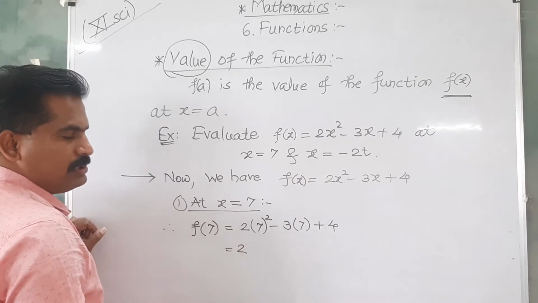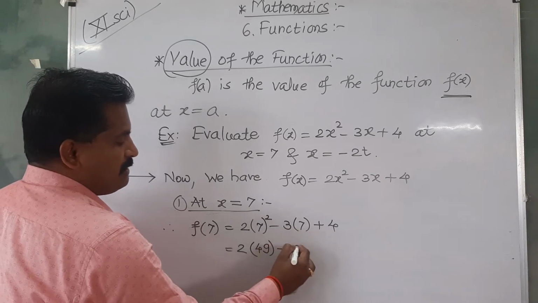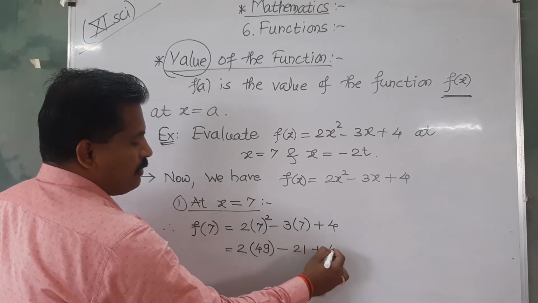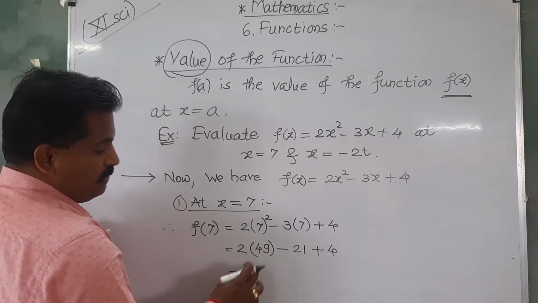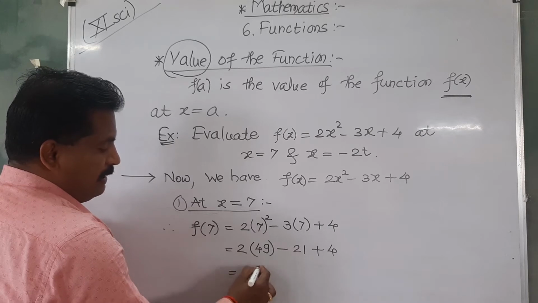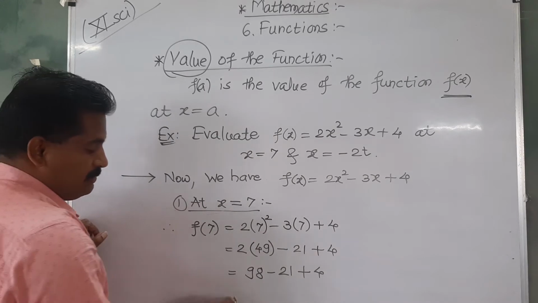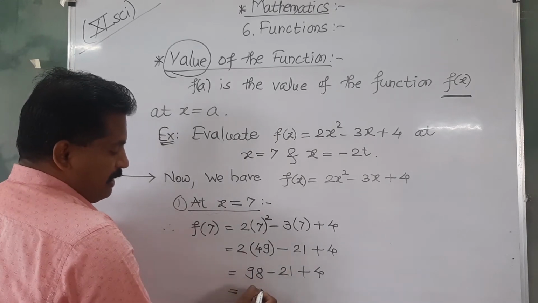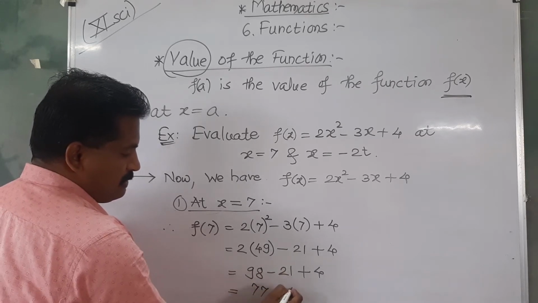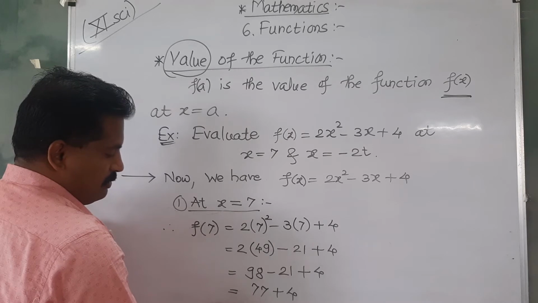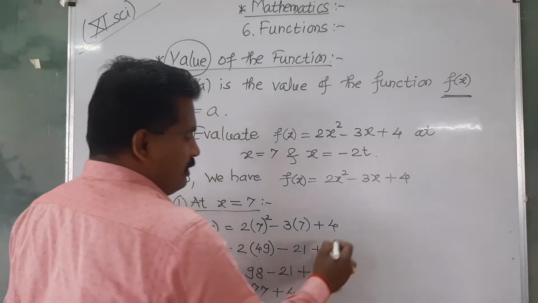7 square is 49, minus 7 threes are 21, plus 4. 49 twice we get 98, minus 21 plus 4. 98 minus 21 is 77, plus 4 we get 81.